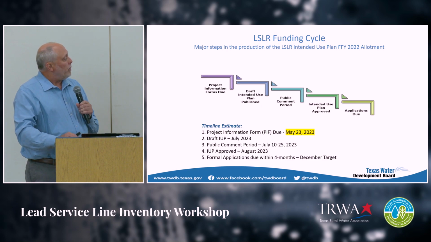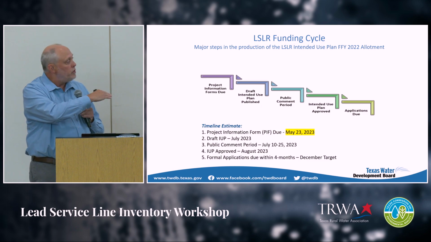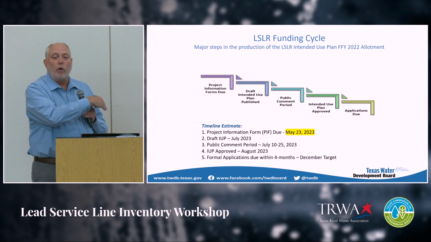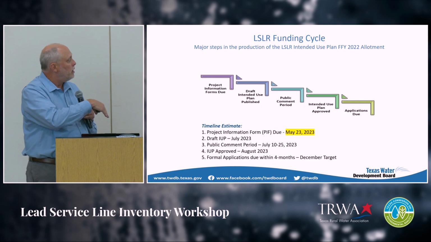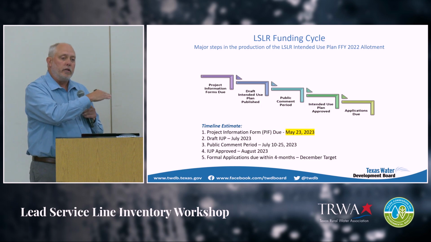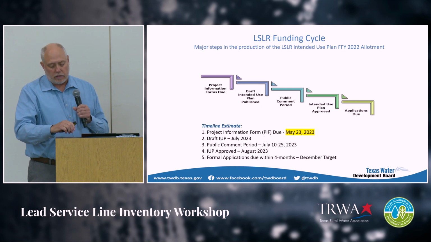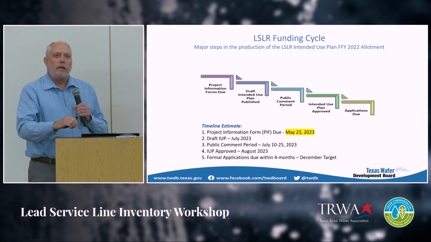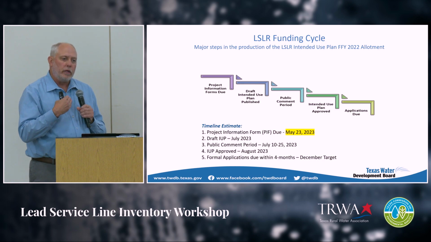But the way the process works is we receive the project information form from a local utility. We review and rank it through a detailed criteria list. We'll have a draft intended use plan. The intended use plan is a guidance document that's developed on all the federal programs that we administer.